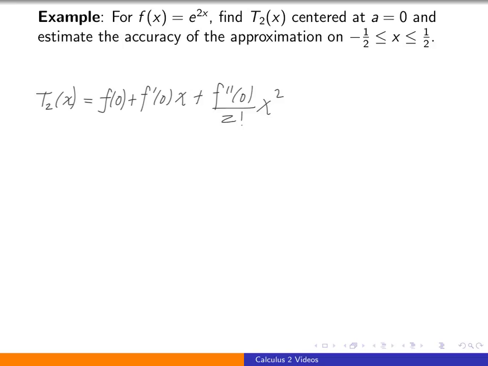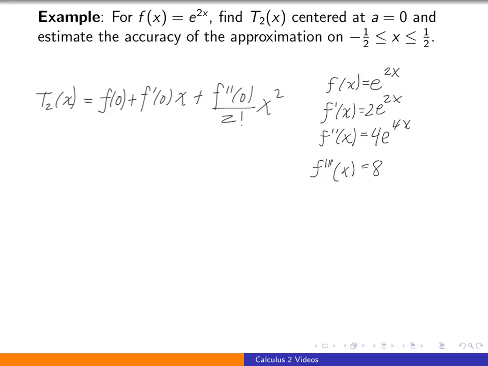So typically, finding this Taylor polynomial is going to be the easier part of the problem. So let's calculate a few derivatives. If f of x is e to the 2x, f prime of x is 2e to the 2x, and continuing on using the chain rule, f double prime is 4e to the 2x, and for future usage, let me note that f triple prime is 8e to the 2x.